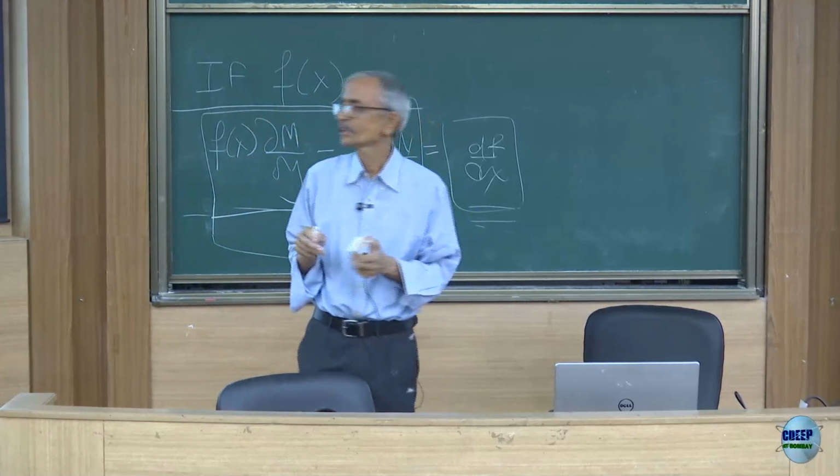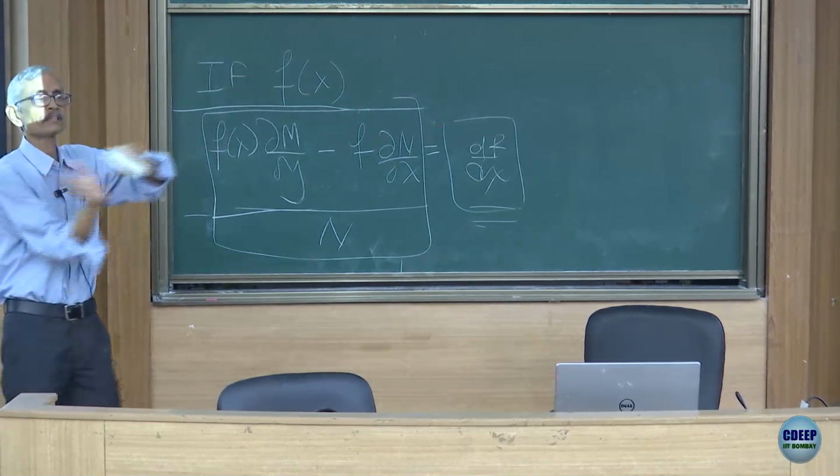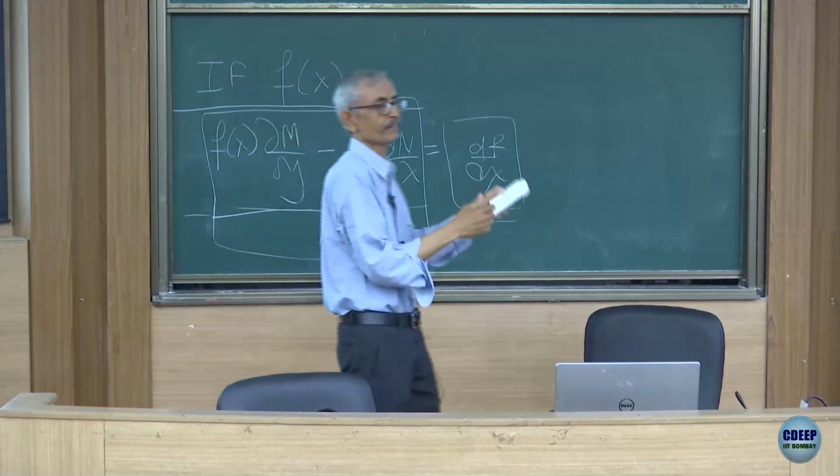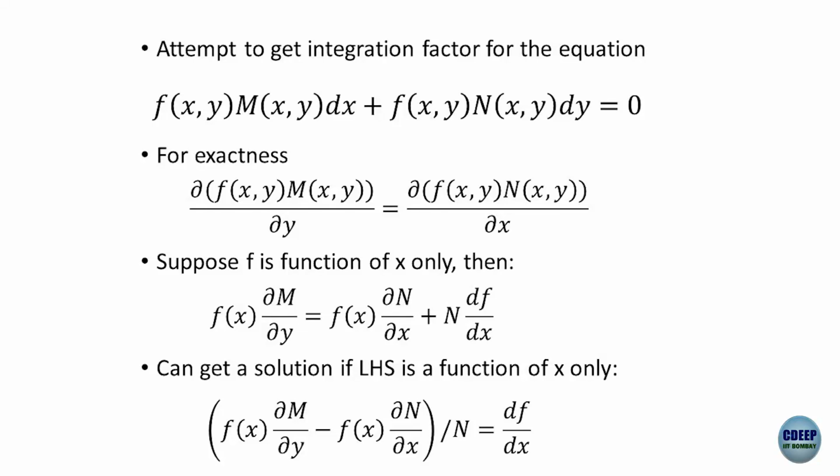Okay? Then I have some hope of finding this using whatever integrating factor approach that we have seen so far. Because this then becomes a first order differential equation. df dx is going to be some function of x. I can go ahead and integrate it and get a solution.